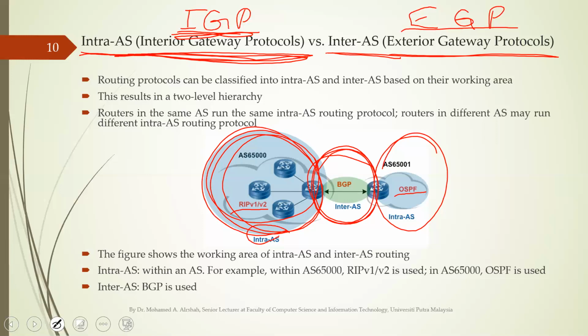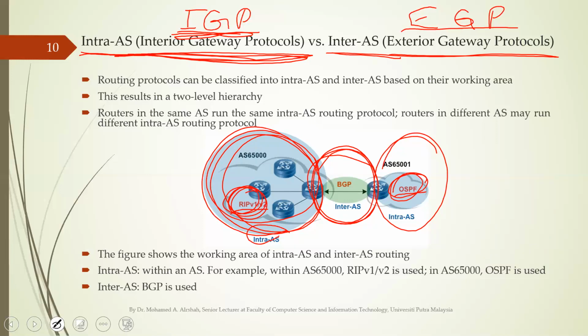But if we consider the other classification, which is based on the route selection or the metrics, RIP is vector-based, and OSPF is link state. So an interior gateway protocol can be vector-based or link state.